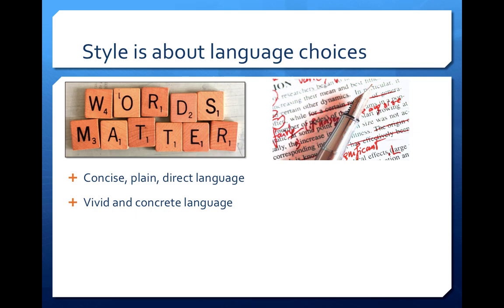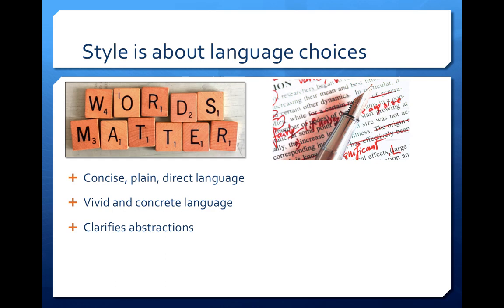It has memorable and specific language that sticks in the audience's mind and is easy to visualize. An informative style is going to avoid abstractions, and when it does get into some abstractions, it's going to clarify those abstractions. It's going to help us understand things that are vague or difficult or complex to have in our minds.